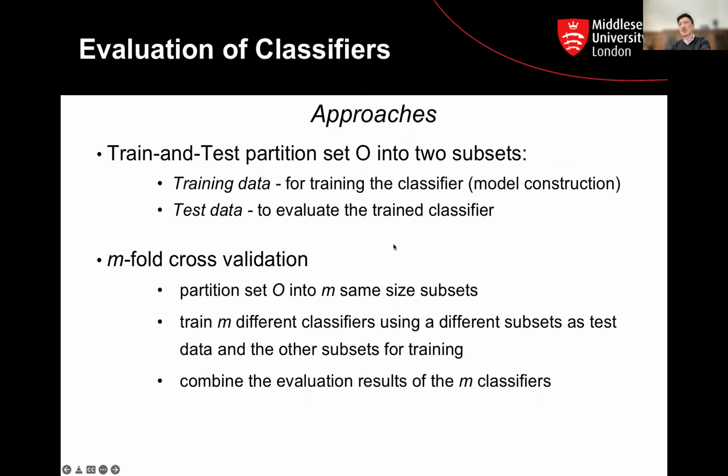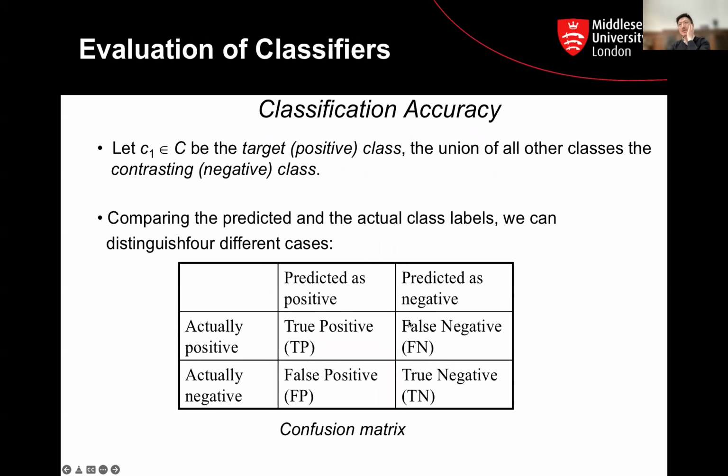So let's start with a simple one, which only has 2 classes, either positive or negative. The prediction also has 2 outcomes, predicted as positive or negative.